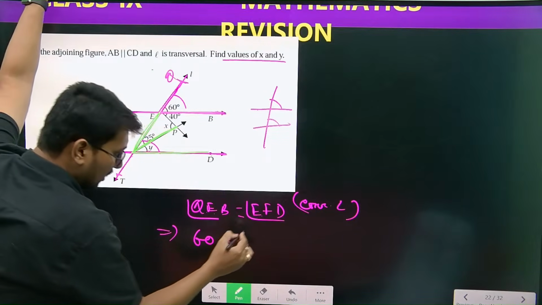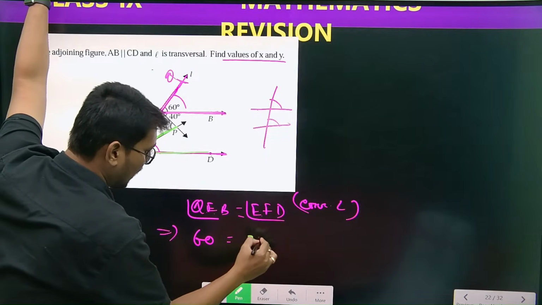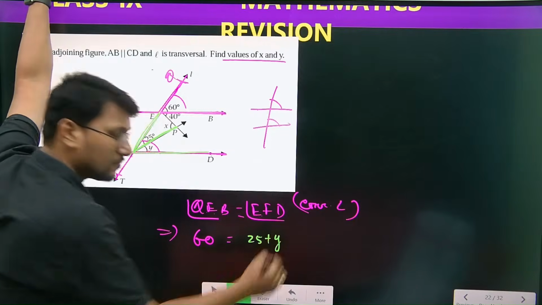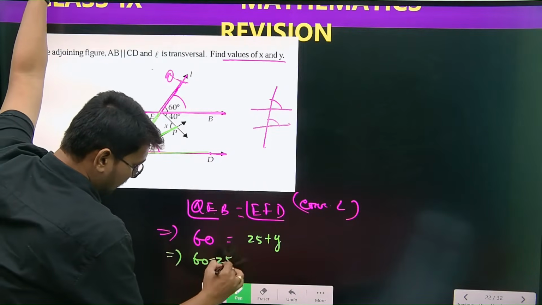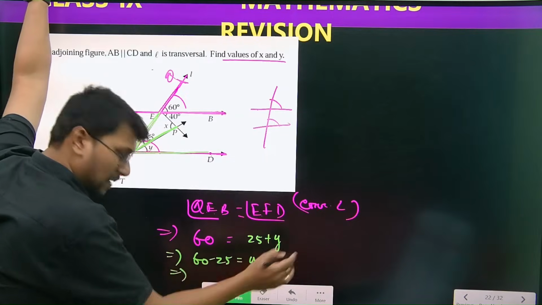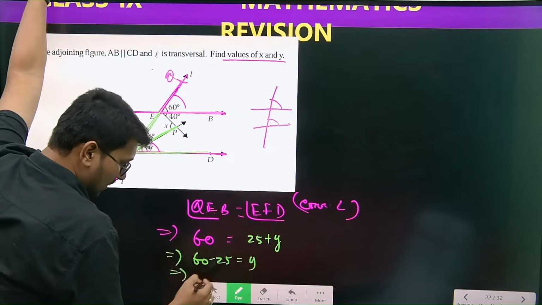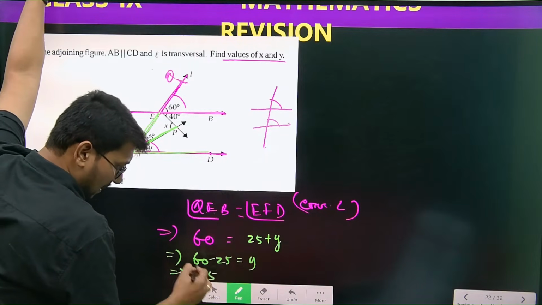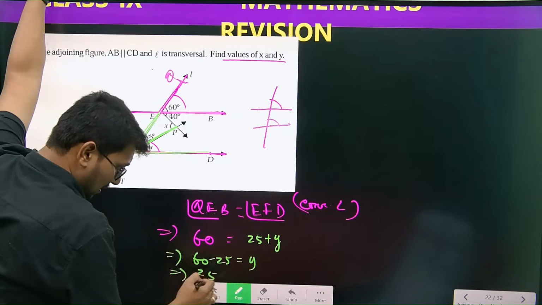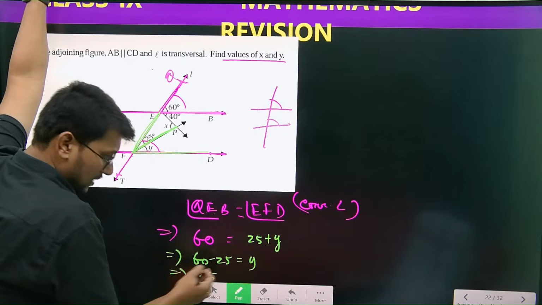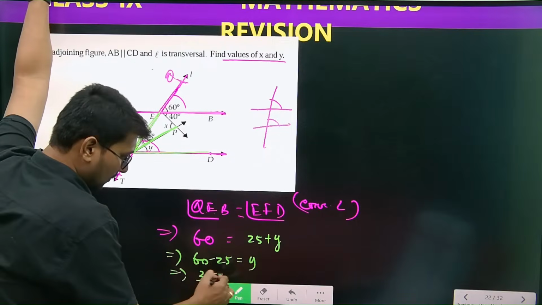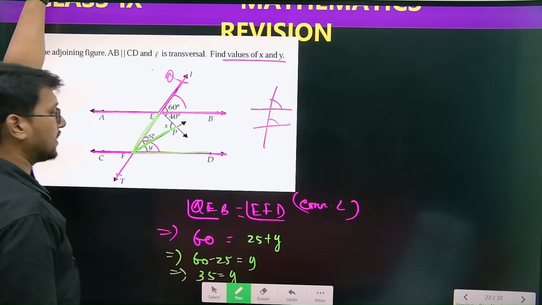So here I can write 25 plus y equals 60, so 60 minus 25 equals y. 60 minus 25 is 35. Hence y is 35.